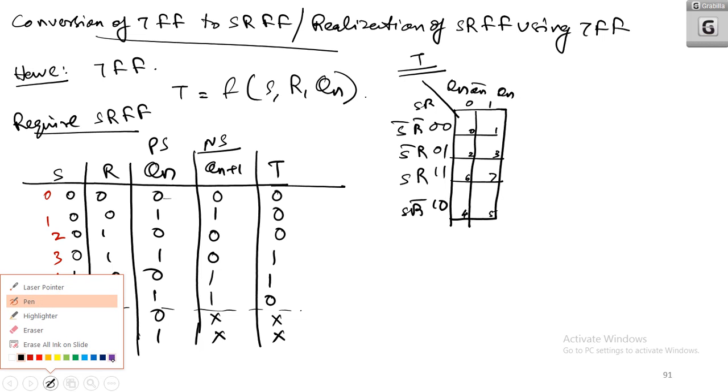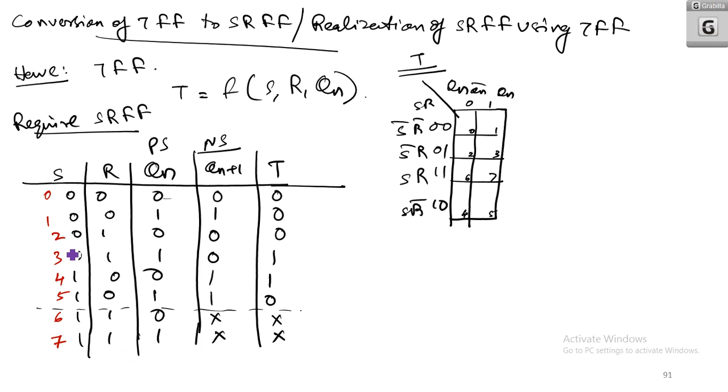So let us move forward. For 0, 1, 2 it is 0, 0, 0; for 3 it is 1; for 4 it is 1; for 5 it is 0; 6 and 7 are don't cares.